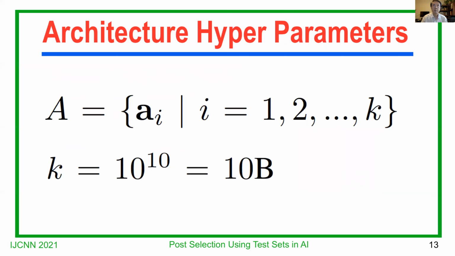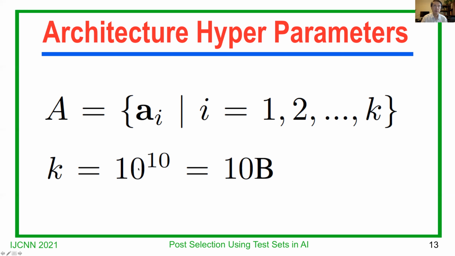Another example is the hyperparameters, which determine the system architecture. Over here, A is a set of symbols, A_i, and i runs over K symbols. You have K parameters, each parameter has 10 values, and you have 10 parameters.